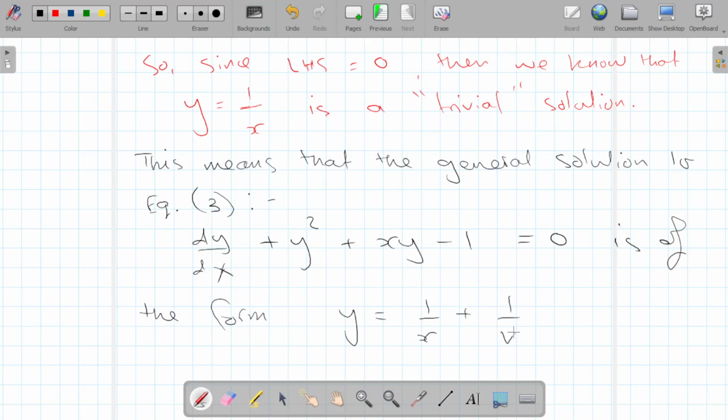Right, you see that we take this initial trivial solution and add it on to the second solution that we're going to find. So how does this help us find the full general solution of this equation? Because we need to find v.